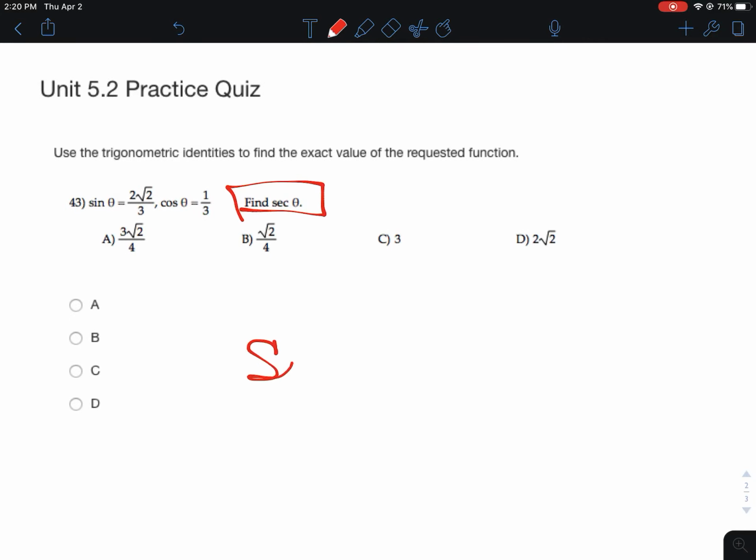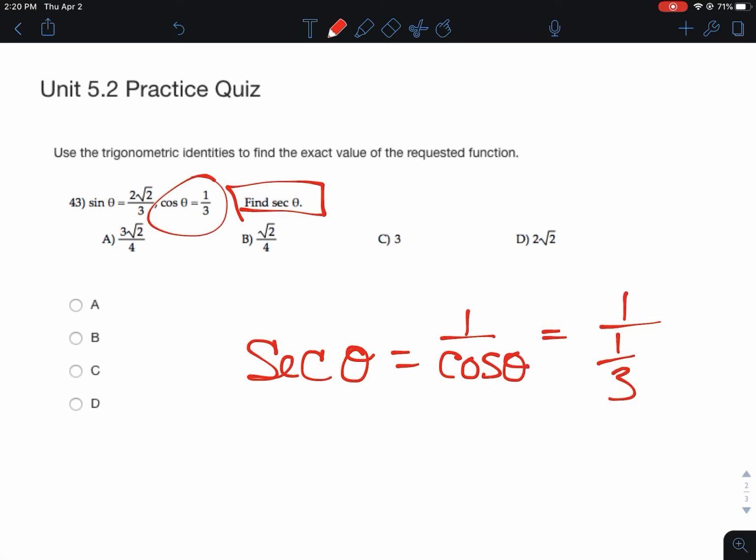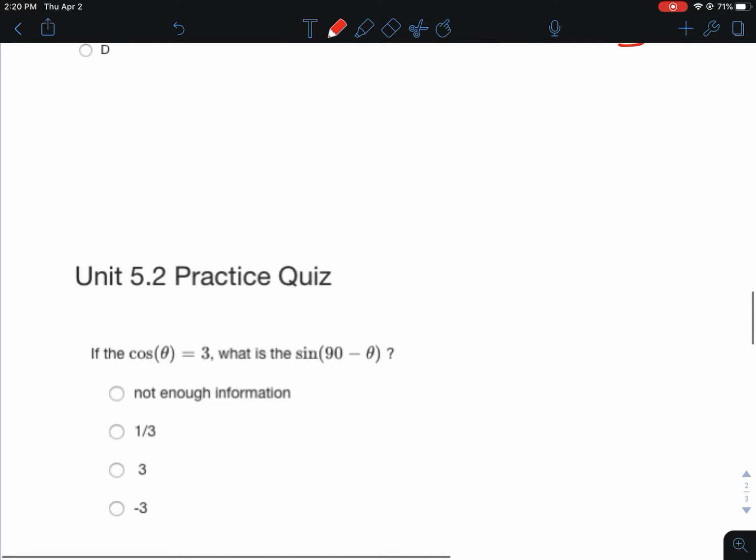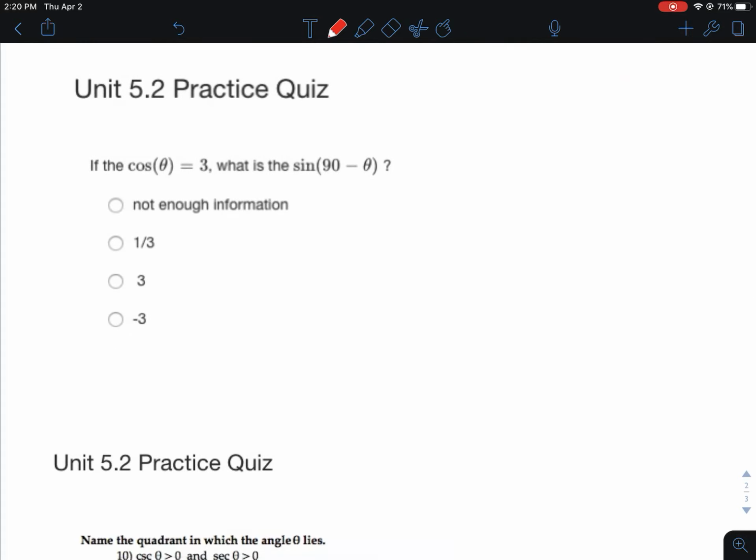Similar idea here. They want me to find secant. So I'm going to use my trig identities. Secant is 1 over cosine. So here I'm going to do 1 over 1/3, because I know cosine is a third. And that would be the same thing as 3. Another trig identity here. These are your co-function identities.